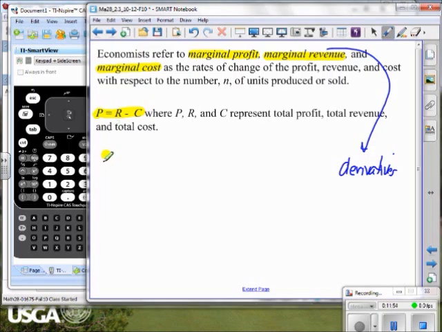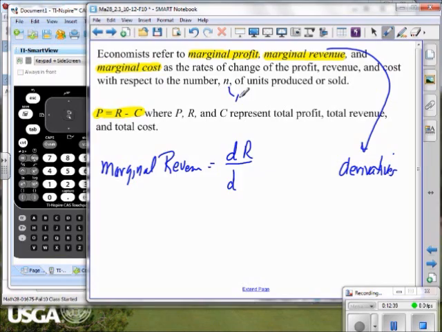When we talk about marginal revenue then, I'll change here. If we talk about marginal revenue, we're talking about the derivative of, now here's where I'm going to hold you responsible for some notation. It's the derivative of, and revenue is known by capital R, so it's the derivative of revenue with respect to, and up here if you look at this, it says profit, revenue, and cost with respect to the number of units produced or sold.